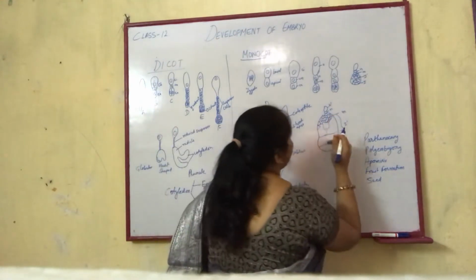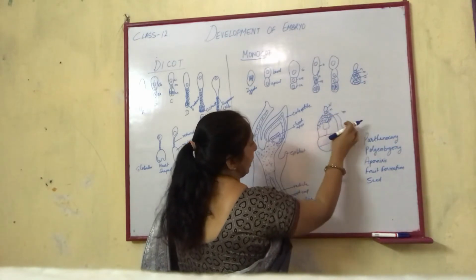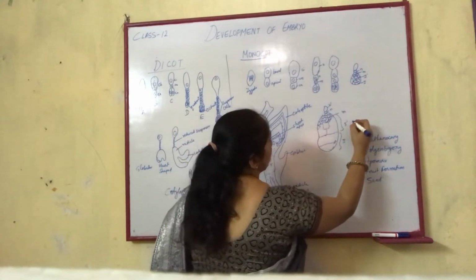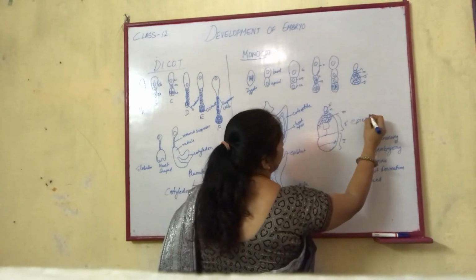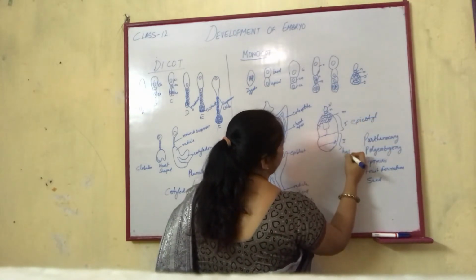Here M, the micropylar site, is in close contact with I dash or I. I dash forms the epicotyl and I forms the hypocotyl.